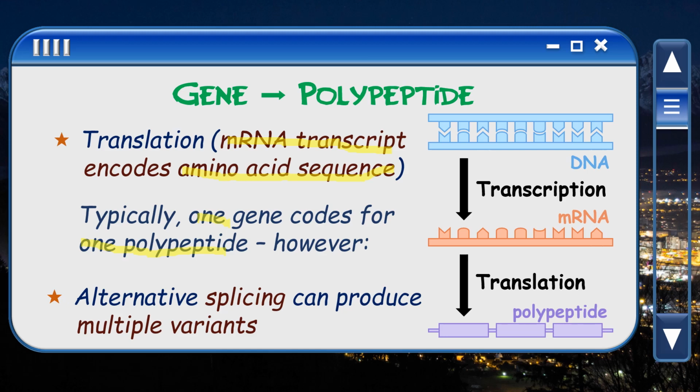One gene codes for one protein, but a slight change in the codes can cause the production of multiple varieties. A slight change in just one code will produce a variety of polypeptides.